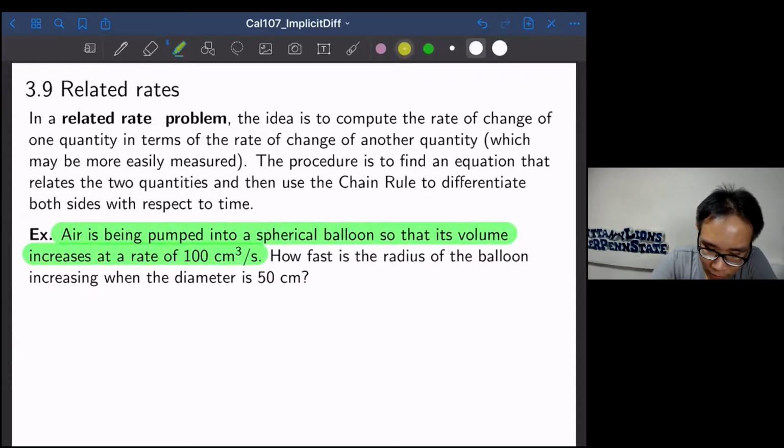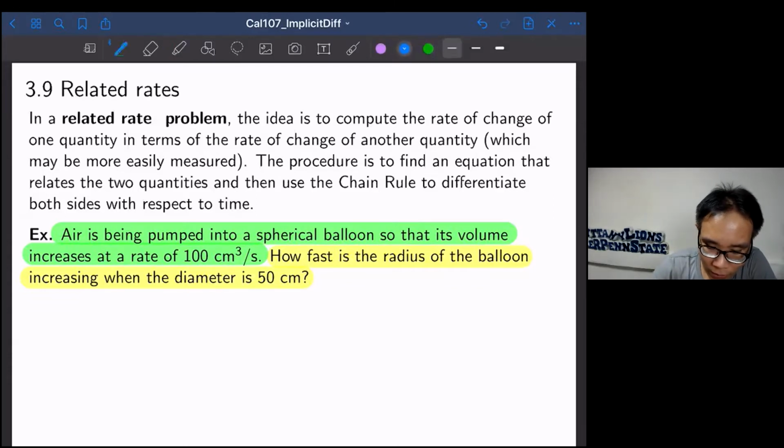And the question asks: how fast is the radius of the balloon increasing when the diameter is equal to 50 centimeters? You'd like to know how fast, so you need to know the rate of change in radius.